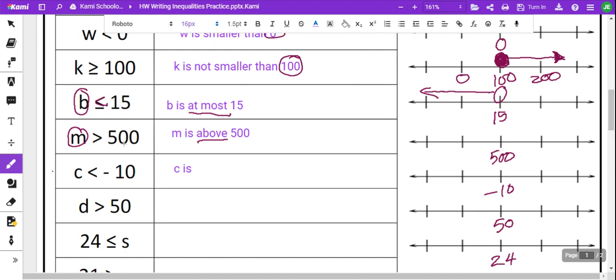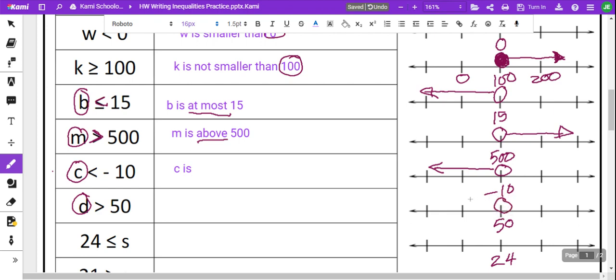Variable is on the left, so then the arrow follows the direction that the symbol shows. The variable is on the left, and you follow the symbol in that direction.